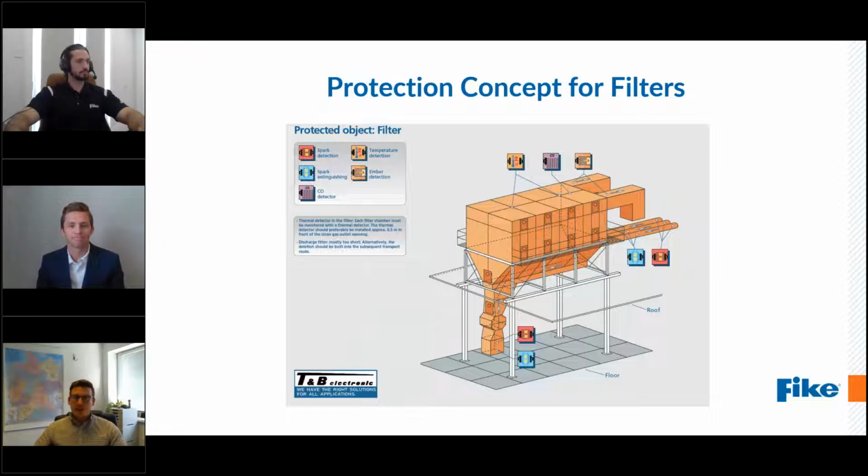In addition, we can also install thermal detectors in the filter, or CO detectors. The thermal detectors are a good way to detect fires in the filter if the process isn't running, because the spark detectors will only see sparks if the production is running. We need an airflow there.